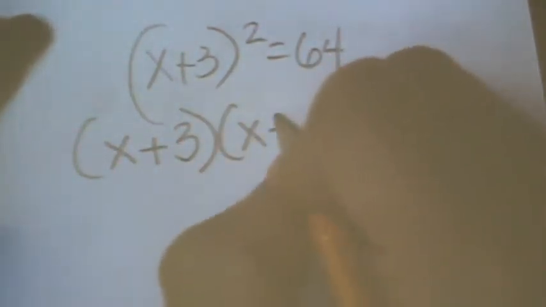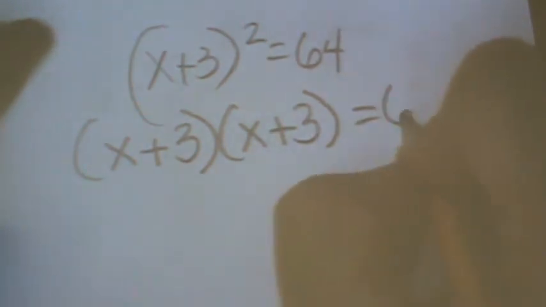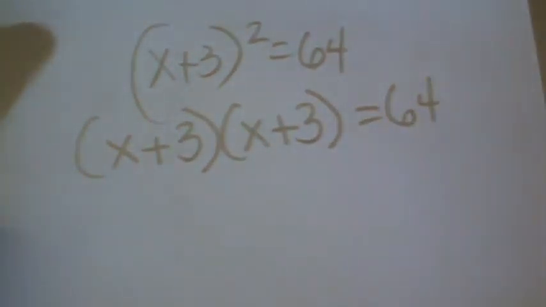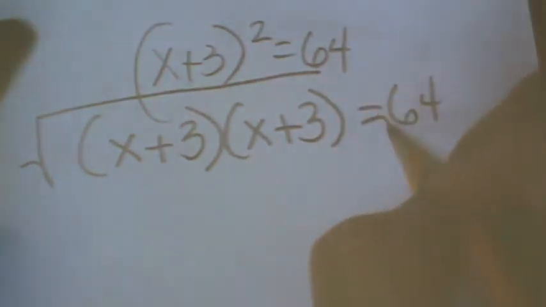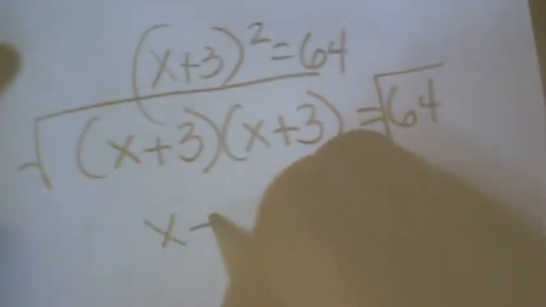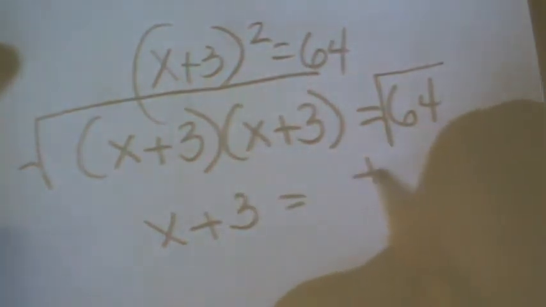This is what I have stretched out. I don't want 2 of these. I want 1 of them. So I'm going to take the square root of both sides, because I have 2 of them, I only want 1. So I have x plus 3 equals, and then you have to write plus or minus 8.